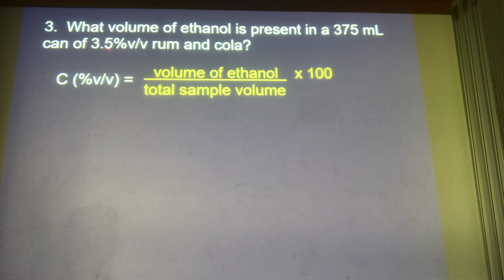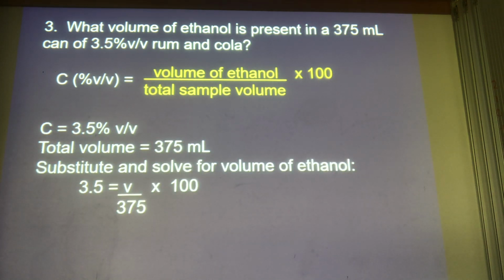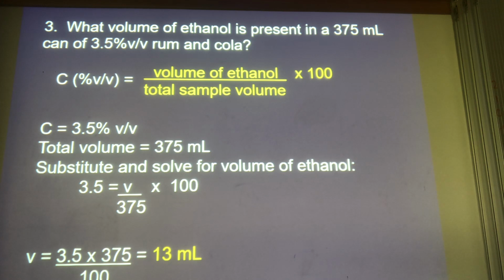So we know the concentration 3.5, we know the total sample volume is 375, we solve for volume. 375 goes over the other side, multiplies, the 100 goes over the other side and divides. We end up with 13 mils.